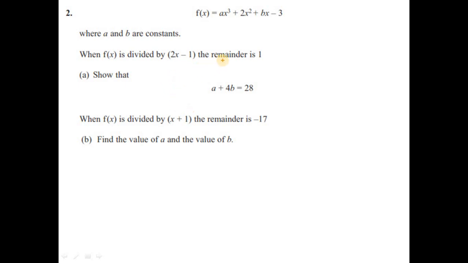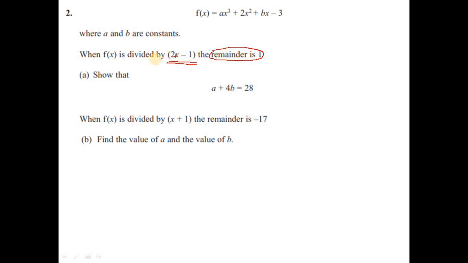So this is all about the remainder theorem, and whenever they say that at any given factor you have some remainder, or maybe they might say the remainder is 0, or there is some number like here the remainder is 1. So 2x minus 1 is a factor.